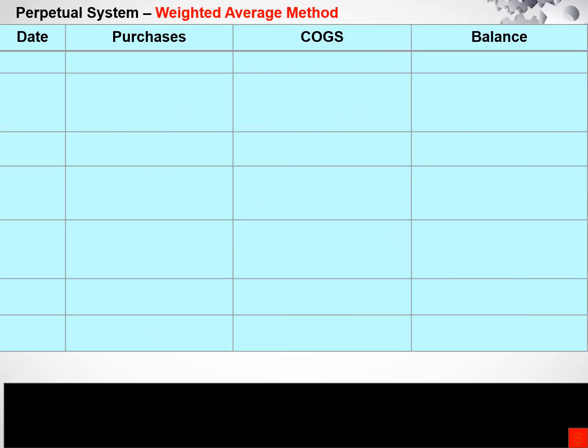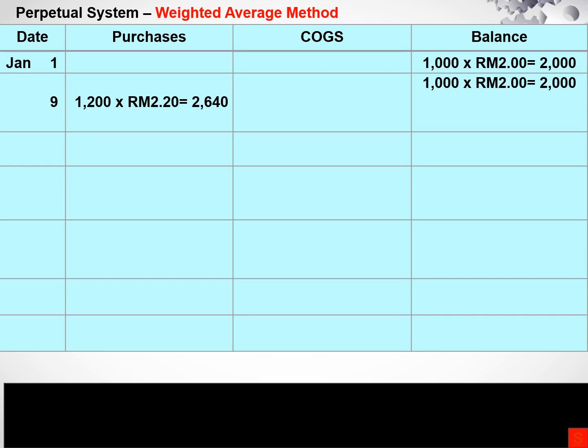The answer for perpetual inventory system using weighted average method. On January 1st, beginning inventory balance 1,000 unit times 2 ringgit equals to 2,000. On January 9, purchase 1,200 unit times 2 ringgit and 20 cent equals to 2,640. So the balance are 1,000 unit times 2 equals to 2,000, and 1,200 times 2 ringgit and 20 cents equals to 2,640.